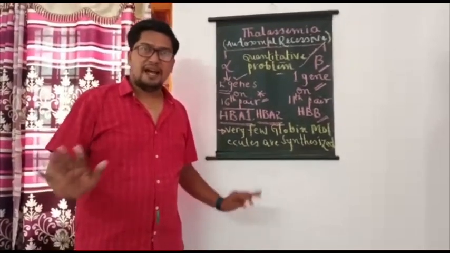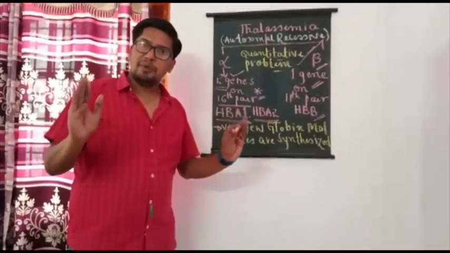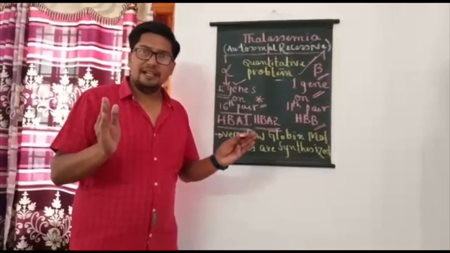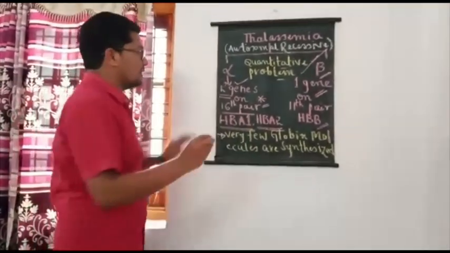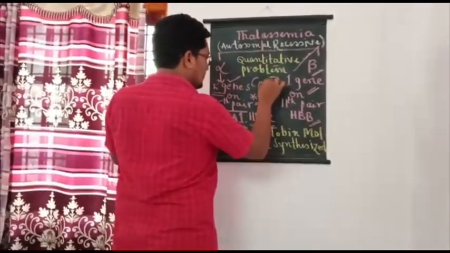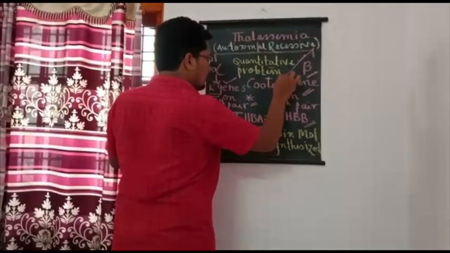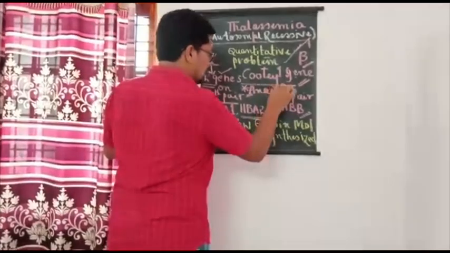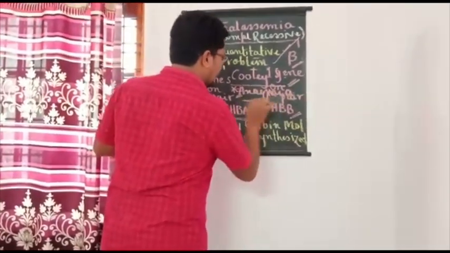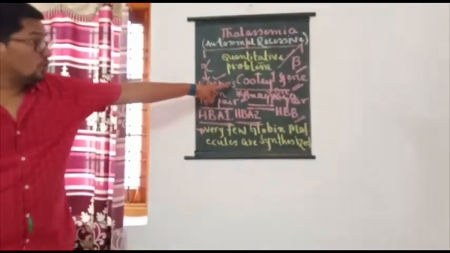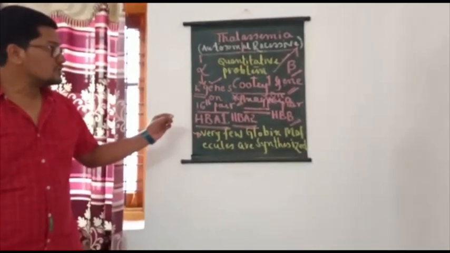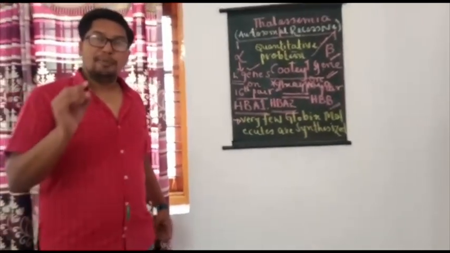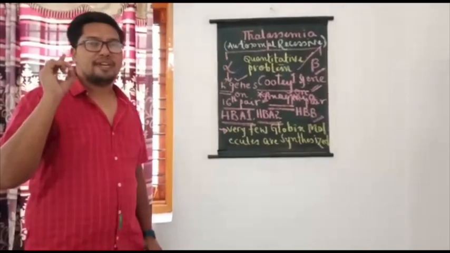You need not remember all those at PUC level. Even for the NEET exam, just remember one word: Cooley's anemia. What is Cooley's anemia? Beta thalassemia major.